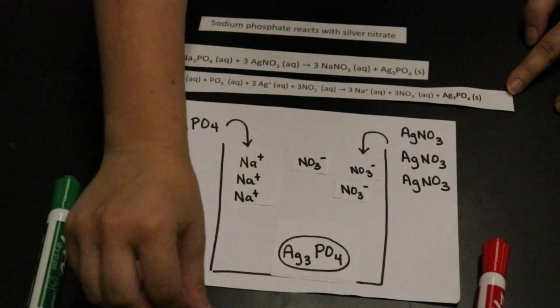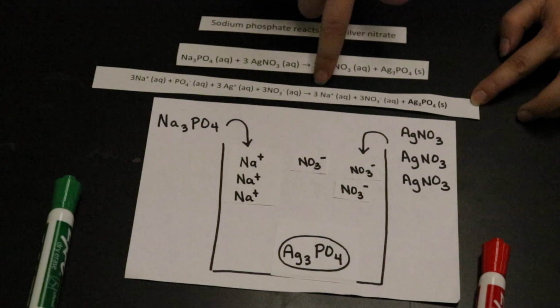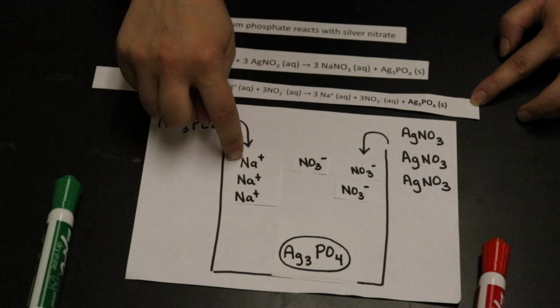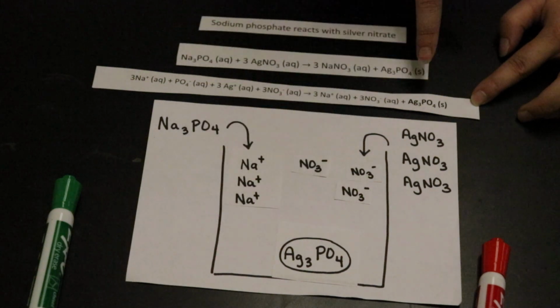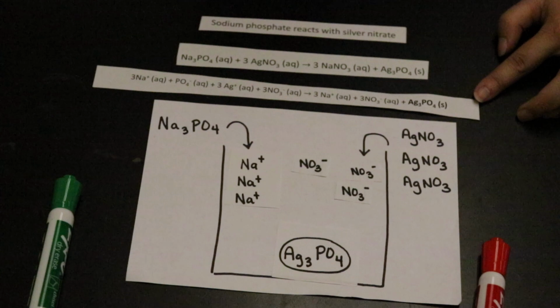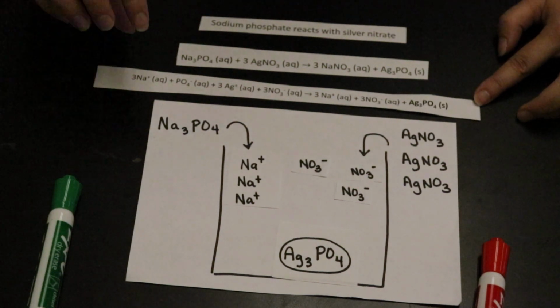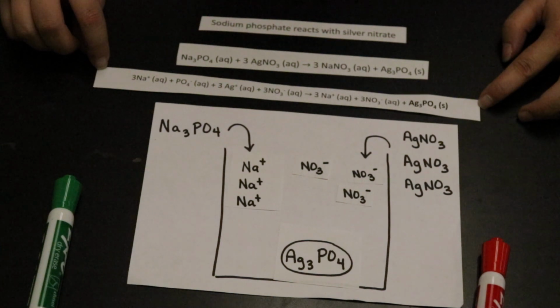When our reaction actually combines, or when our solid actually forms, we still have 3 Na pluses, we still have 3 NO3 minuses, but we've now formed our Ag3PO4 solid. You can use this illustration to help you write your complete ionic equation.